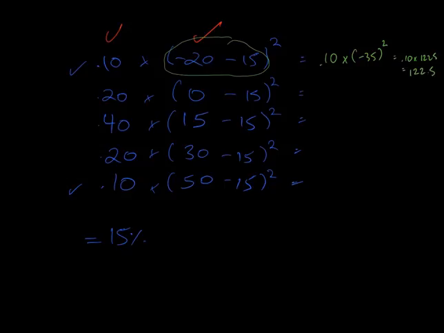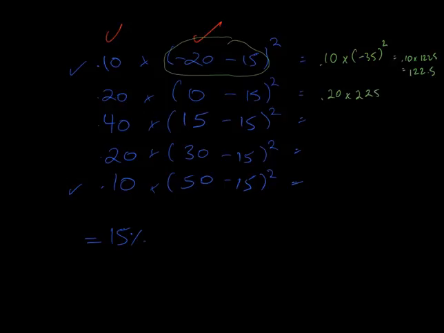There you go. Great, you got that one. Now you're going to do the next one. Again, that'll be 0.2 times, after you do the math in here, 0 minus 15, which is negative 15. You're going to square that, and that's going to give you 225.